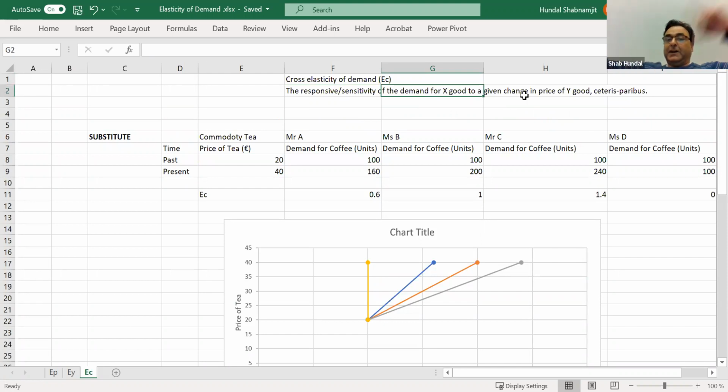So on purpose, I have taken these two different things. The demand for X depends on the price of Y. Demand for coffee depends on the price of tea. Now here, once again, ceteris paribus. That's very important, because if you don't keep this assumption, then all the variables can come together and attack you. So assumption is like risk management. Assumptions keep you safe.